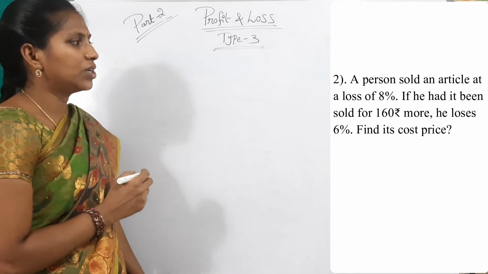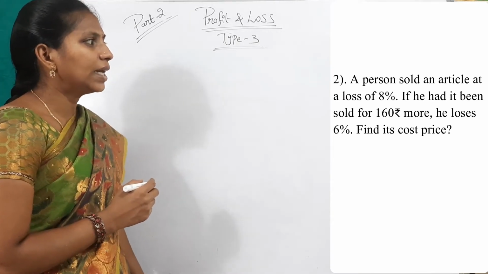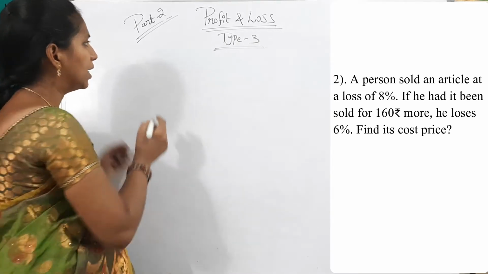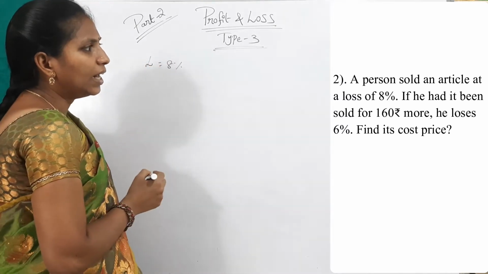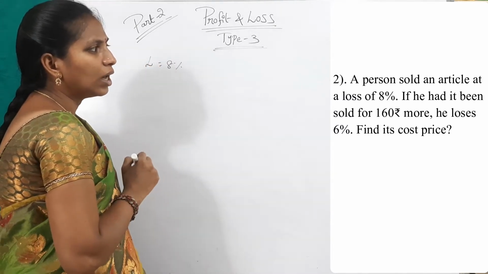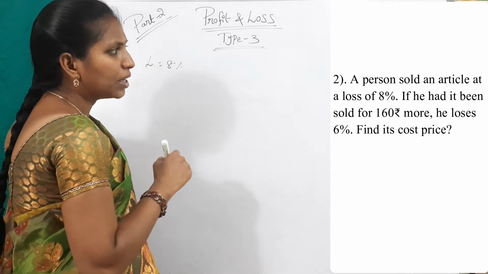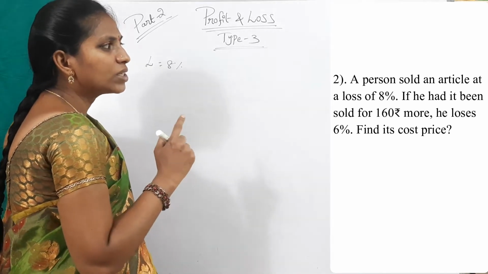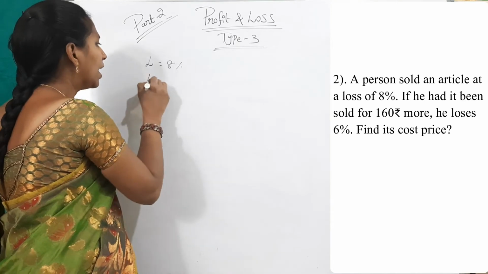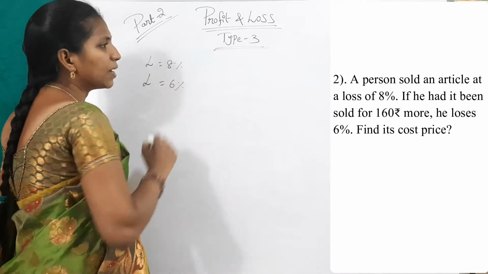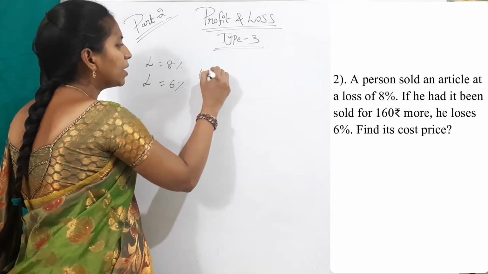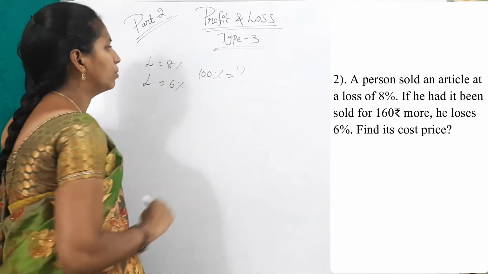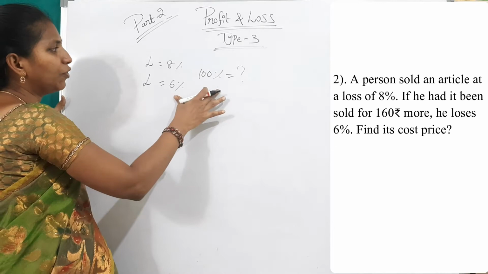Now see second question, a person sold an article at a loss of 8%. And if he had sold it 160 rupees more, then he loses 6%. Again loss, 6%. Find its cost price. This is the given information.